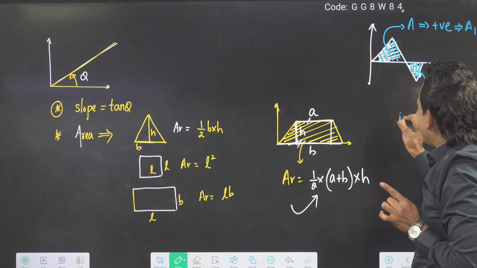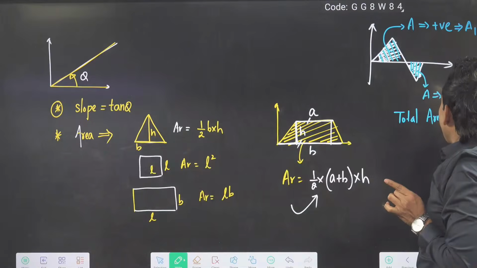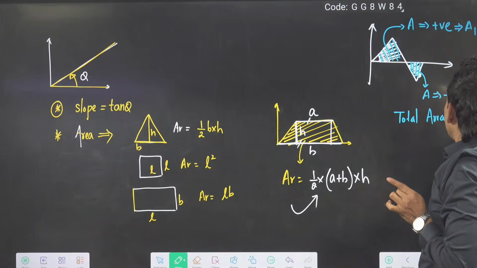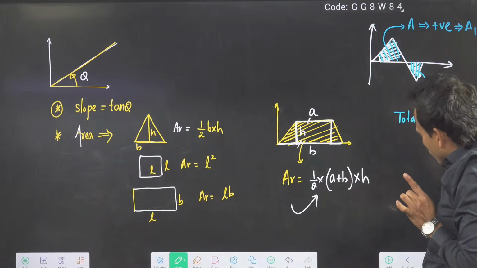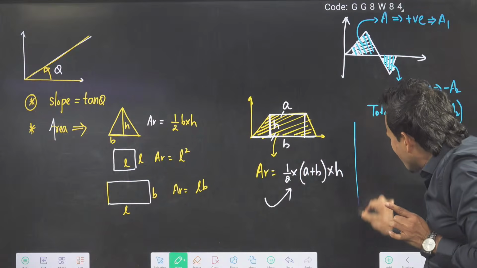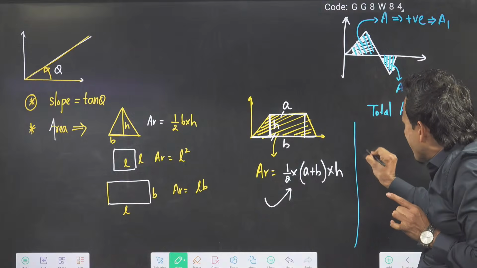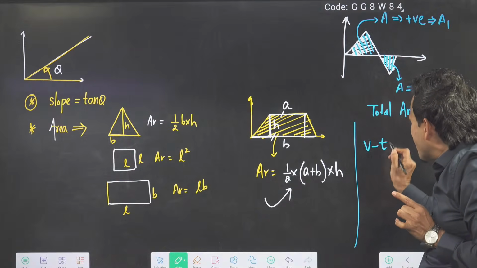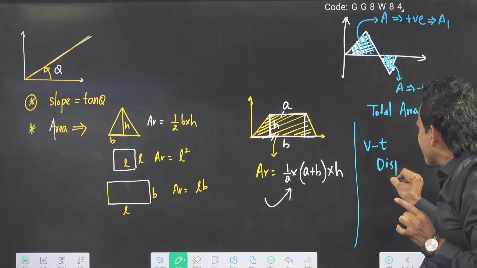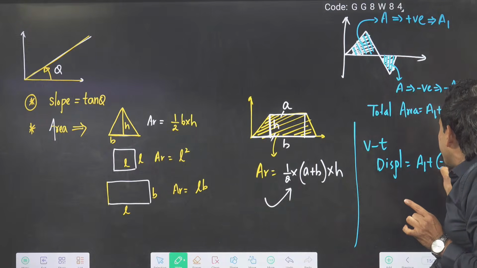So the total area will become A1 plus or minus A2. If this graph is a velocity time graph and someone asks you for displacement, the displacement will be A1 plus or minus A2.